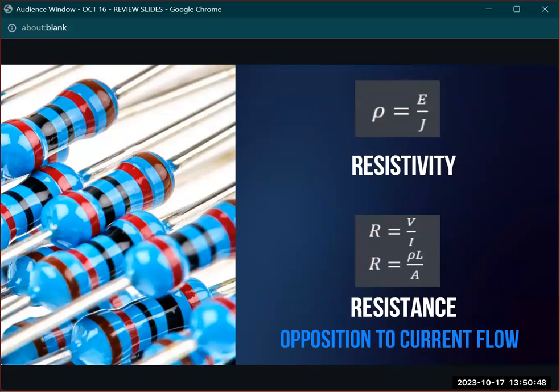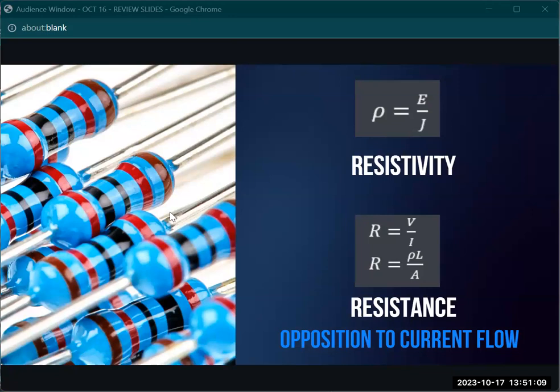We have resistivity, which determines how much a charge can resist the electric field.